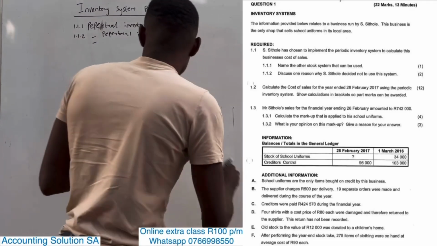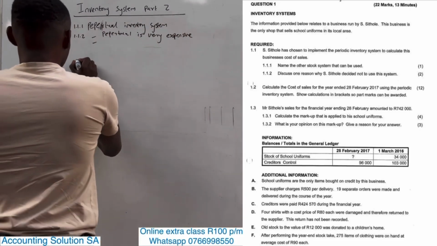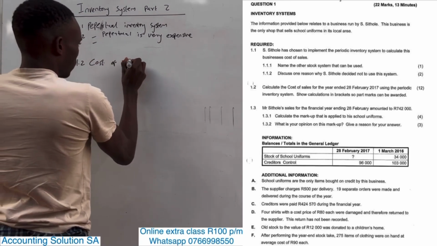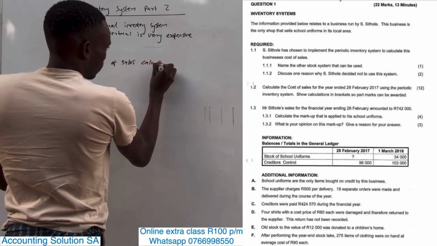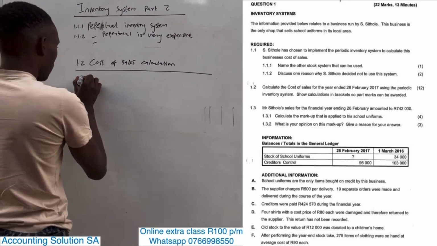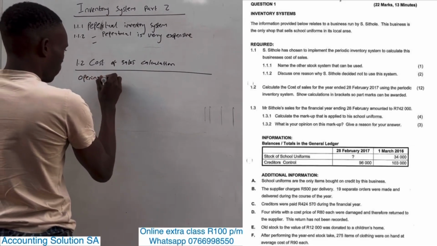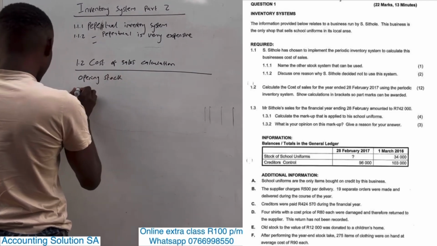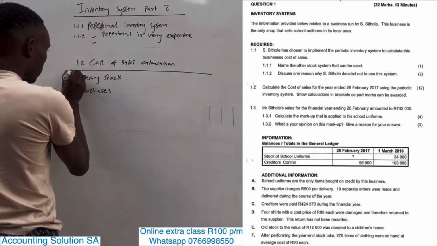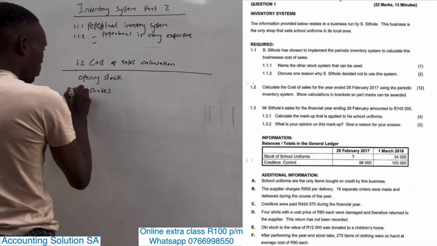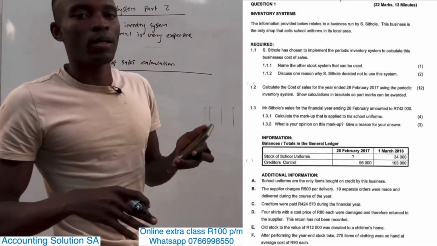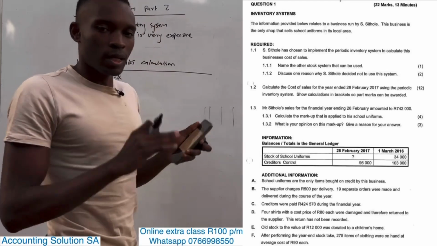So this is the format that you can use to calculate cost of sales. 1.2 cost of sales calculation. Number one, you must have opening stock. Number two, you must have purchases, not just purchases but net purchases. When we say net purchases, we are referring to purchases after subtracting donations, withdrawals and returns.